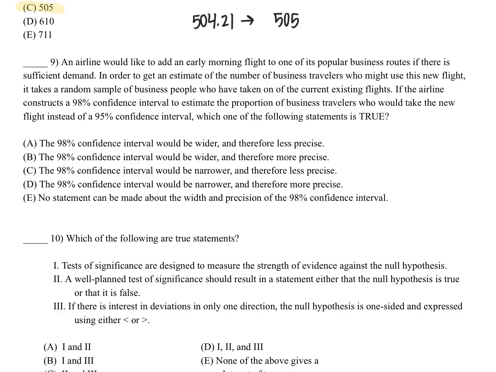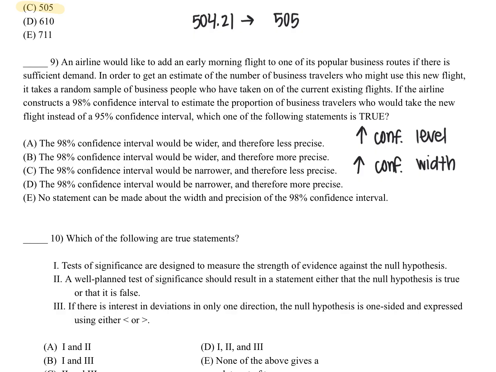So the biggest thing to remember about changing confidence level, if you increase the confidence level, you increase the confidence interval width. That's probably one of the biggest things you need to remember.